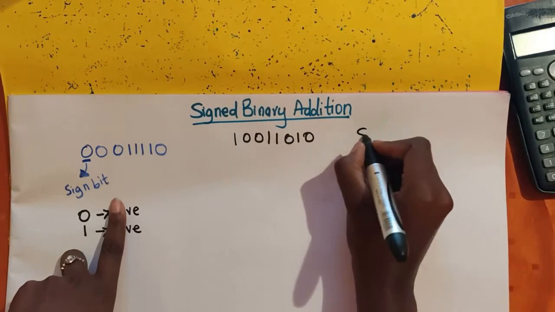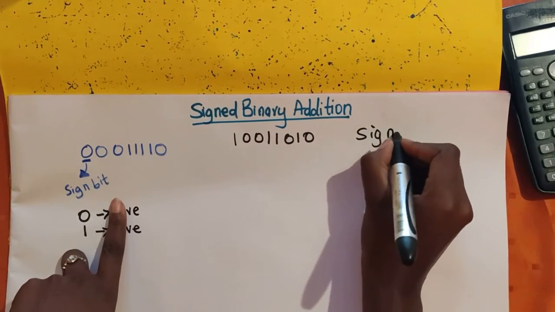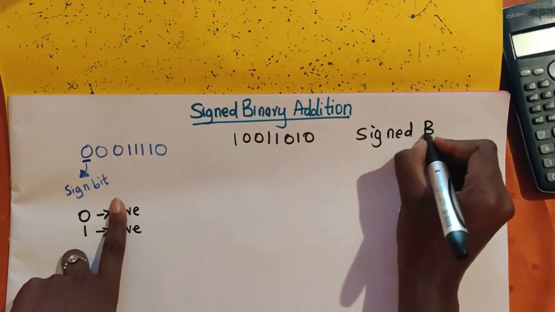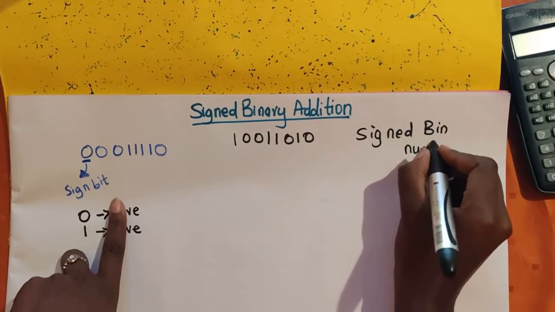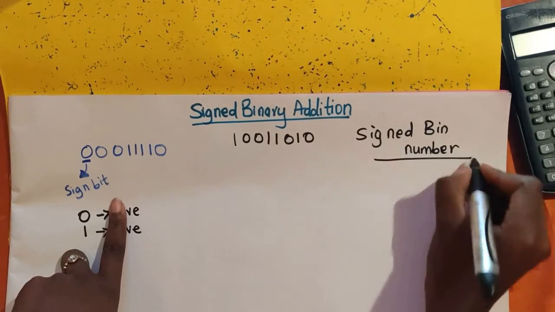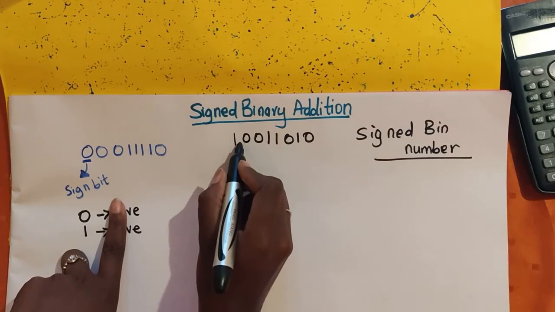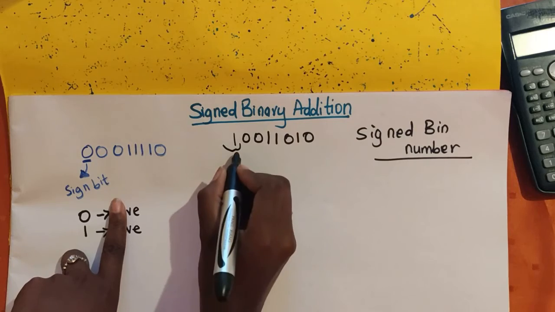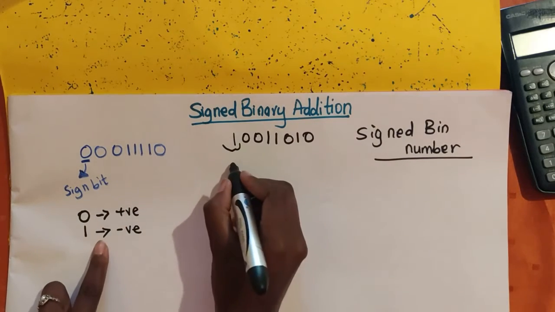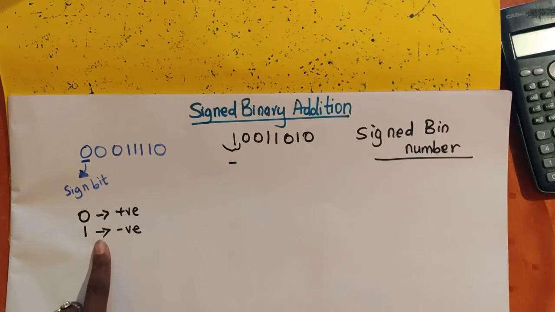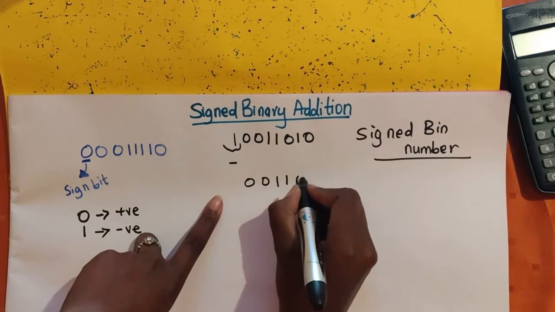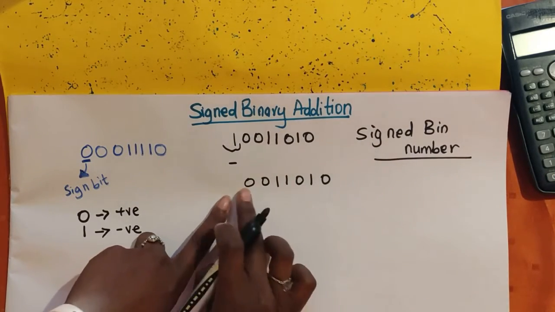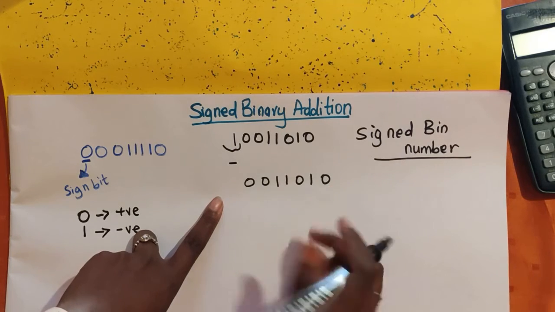And remember, we have to use the word signed binary number. When we say signed binary number, then we immediately allocate this first value a sign. And if it's 1, it's a negative. So this value is a negative. And then 0 0 1 1 0 1 0. Now we find what this value represents.